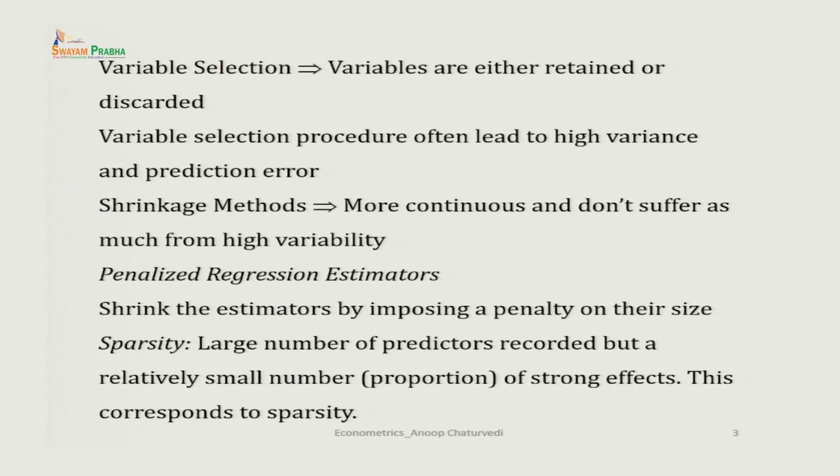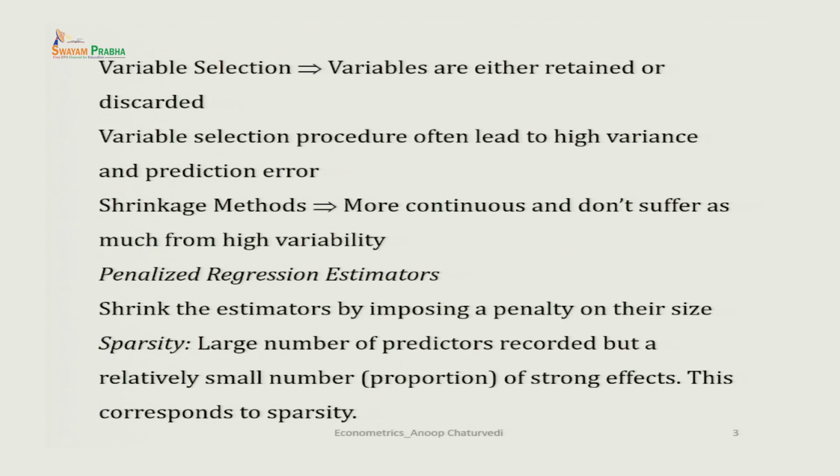Now, suppose you have a large number of variables, and suppose you are facing the problem of multicollinearity, and then you want to select a subset of variables which are important for explaining the variation in y, or which are important for your model. In variable selection procedure, actually variables are either retained or discarded.